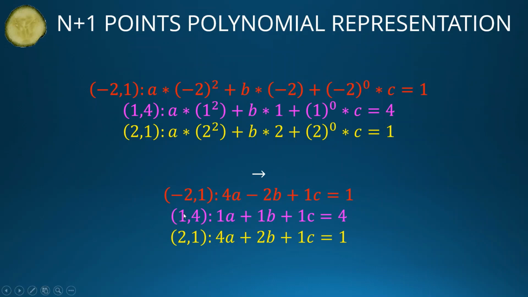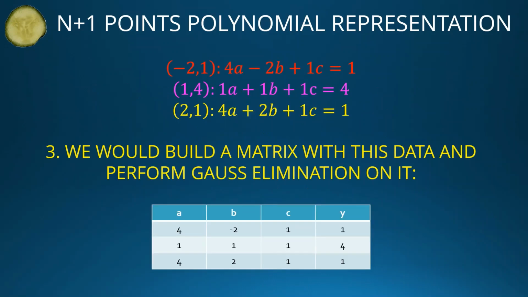And (1, 4) gives 1a + 1b + 1c = 4. And (2, 1) is being converted to 4a + 2b + 1c = 1. Perfect.